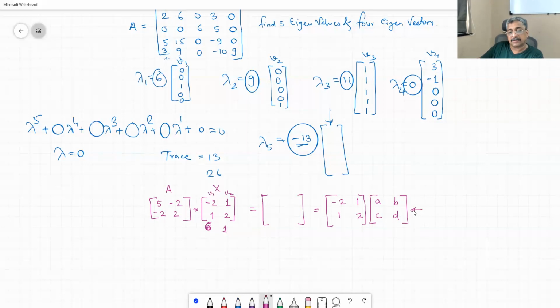First you are supposed to multiply these two, get this matrix, and then find what values of ABCD you should put here so that after multiplying with this X matrix, you get back the original. Surprisingly, you will find that these 4 entries are known to us.